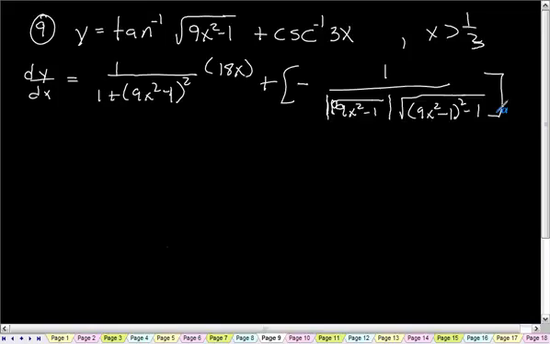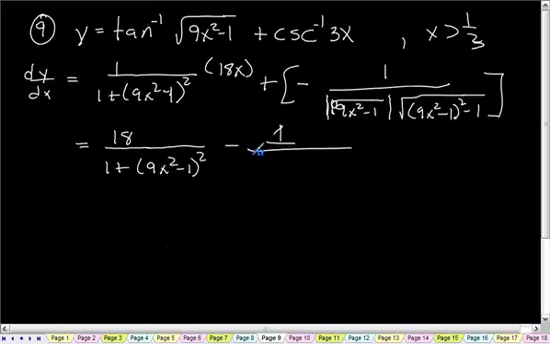So simplified, this would be 18x over 1 plus 9x squared minus 1 squared, all over absolute value, square roots. Notice in mathematics we have to repeat ourselves a lot.